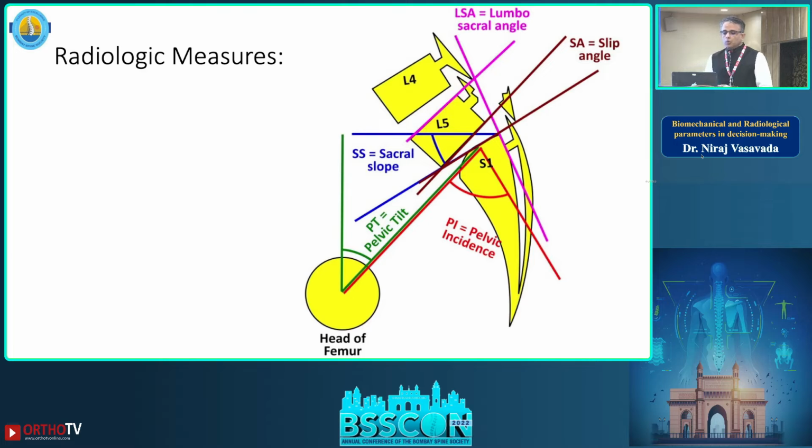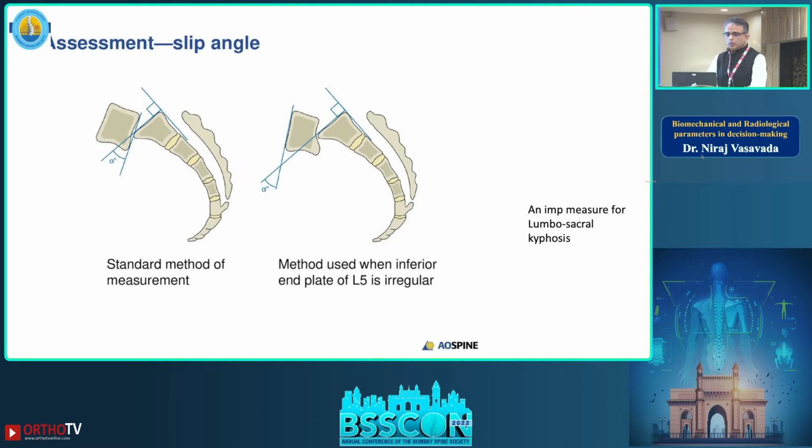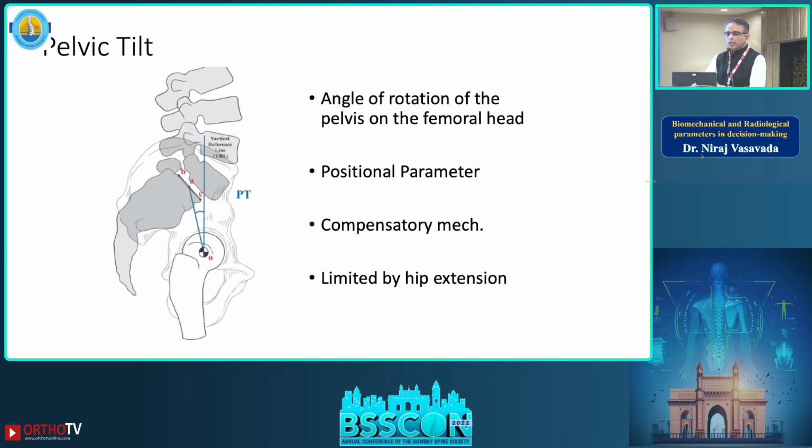So we jump on to the radiological measures. There are a few things which we know, right from the slip angle, PI, PT, SS, and the lumbar lordosis. For assessment of the slip angle, I'll not go into detail on how to measure because I have been given very short time. The lumbosacral slip angle is a measure of lumbosacral kyphosis, how much kyphotic deformity is present in the transition zone between the lumbar spine and the sacral spine.